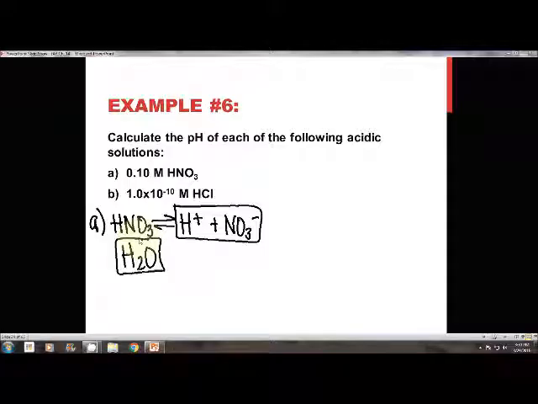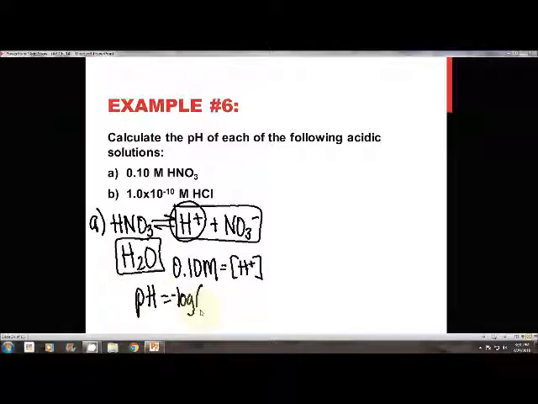Because the water is not breaking up, almost all of the H plus comes from the breakdown of the acid, so we're going to use the concentration given for the acid equal to the concentration of the H plus. So we're just going to use our 0.10 molar is equal to the H plus concentration. Then now we can go ahead and solve for pH. So the pH is equal to the negative log of 0.1, and so that is equal to 1.00.